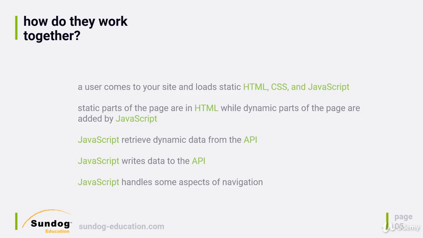And maybe the JavaScript will handle some aspects of the navigation as well for you. But the general idea is that you start with a static set of content and CSS and JavaScript. The JavaScript can then communicate with the API to actually retrieve any dynamic information it may need to reshape that page. And then it writes out the results to the end user on your browser. So interestingly, there is no web server involved in this at all.